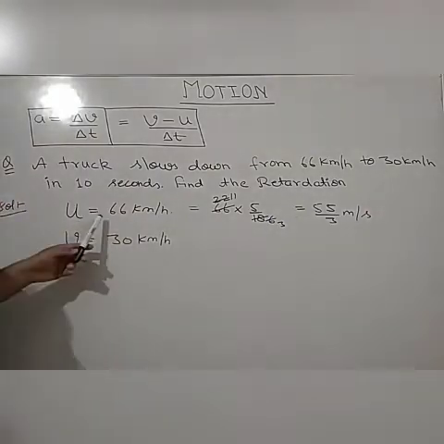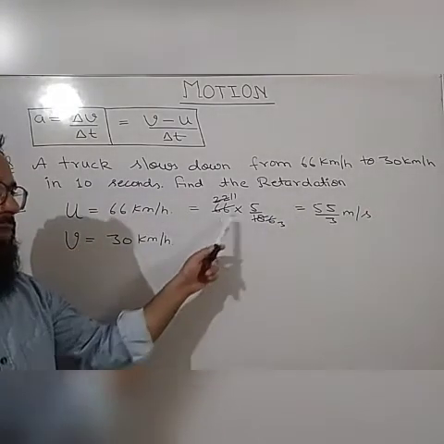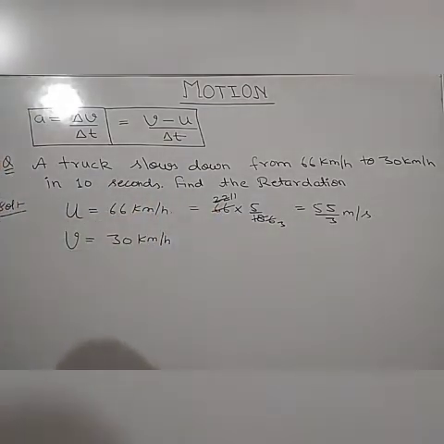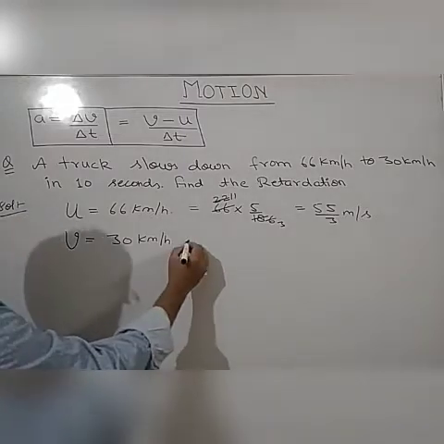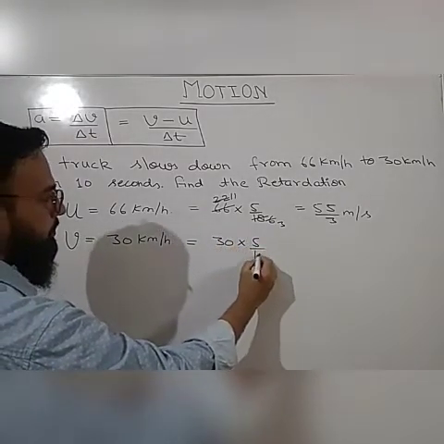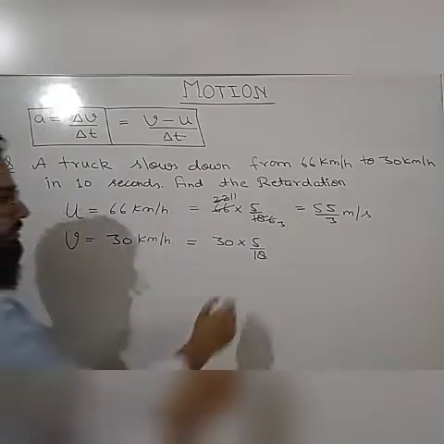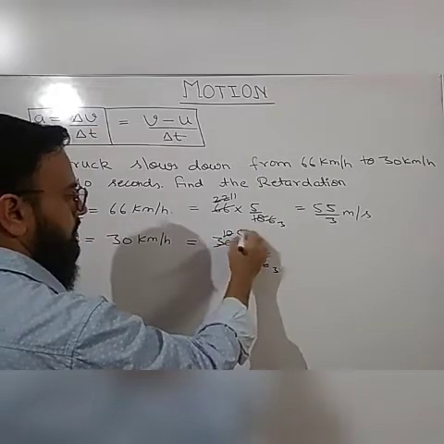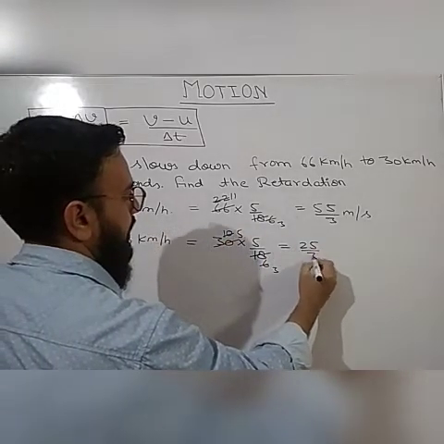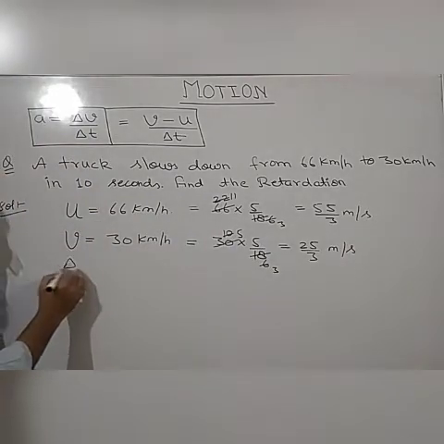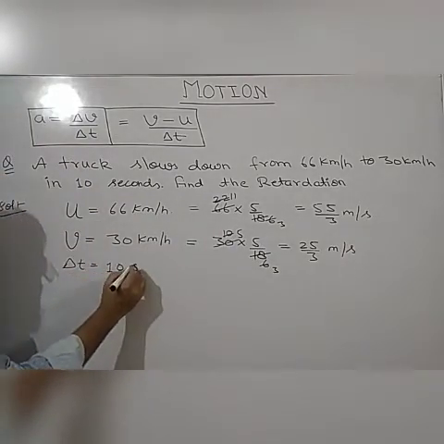We have converted the initial velocity into meter per second by multiplying it by 5 by 18. Similarly, the final velocity will be 30 into 5 by 18, which is equal to 25 by 3 meter per second. And we have given the time interval delta t is equal to 10 seconds.